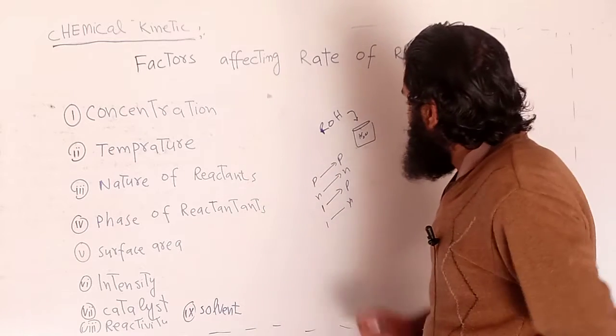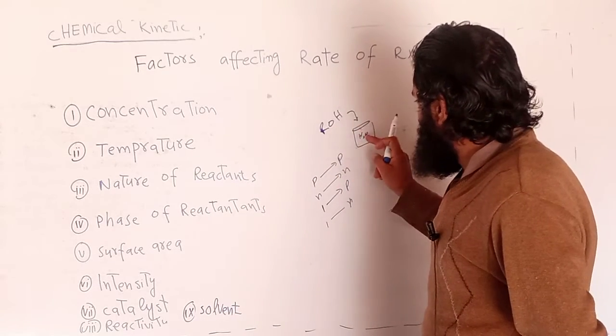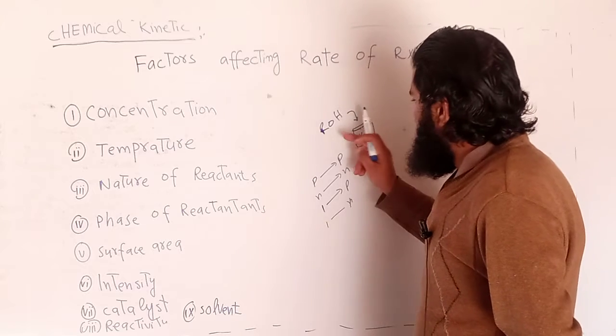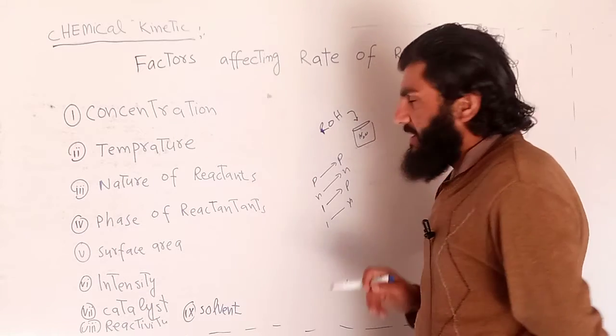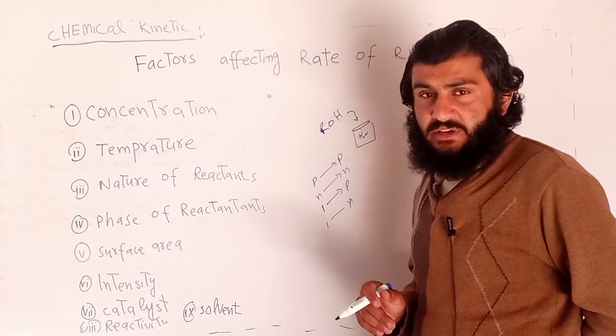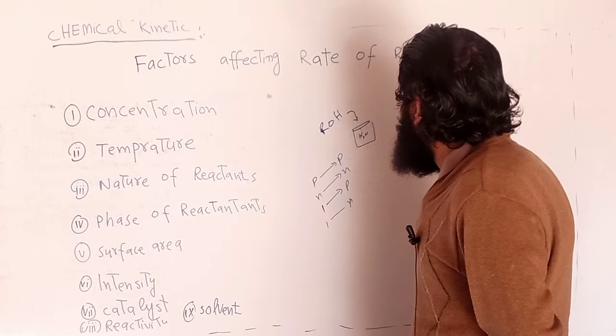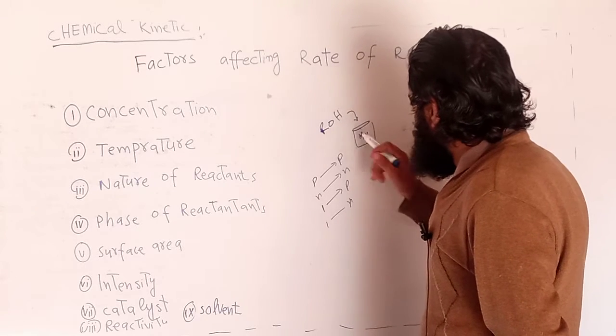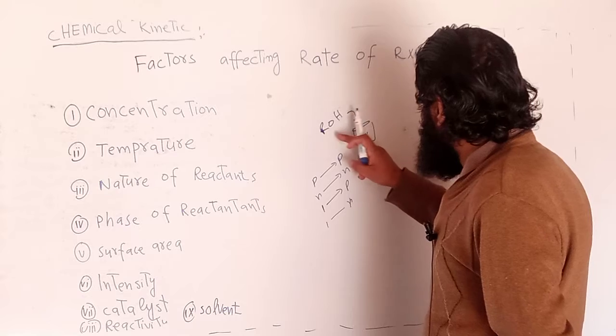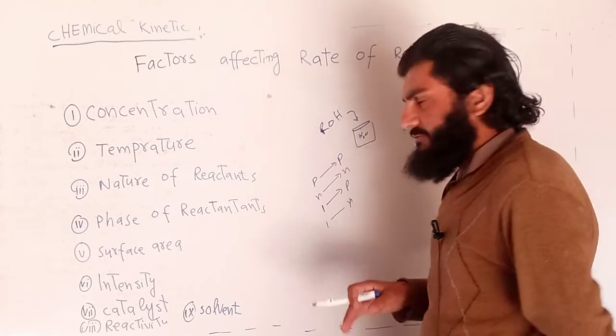Suppose this is polar and this is also polar, so the rate of reaction of alcohol with water is very high. So polar can be dissolved in polar very fast.